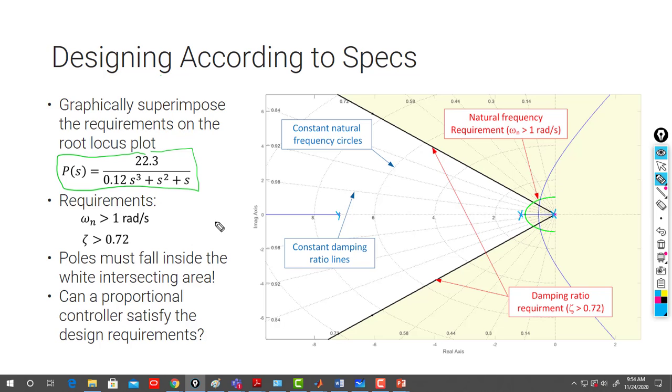I find the closed loop transfer function. So this is P of S again, and this is the gain K, and this is Y of S, and this is my closed loop Y over R. So I find the Y over R transfer function and change K from 0 to infinity, and at each value I draw the line.